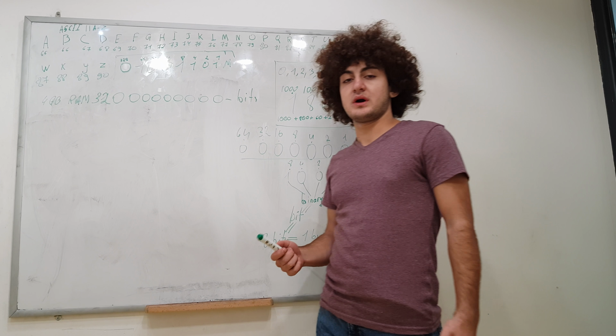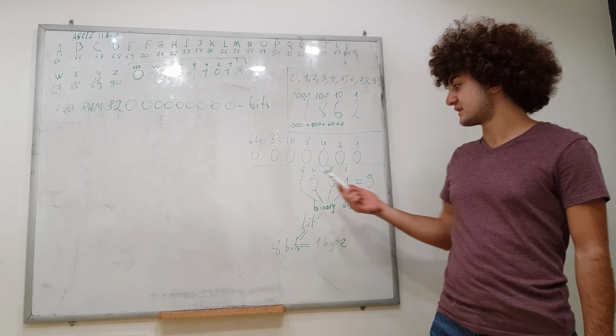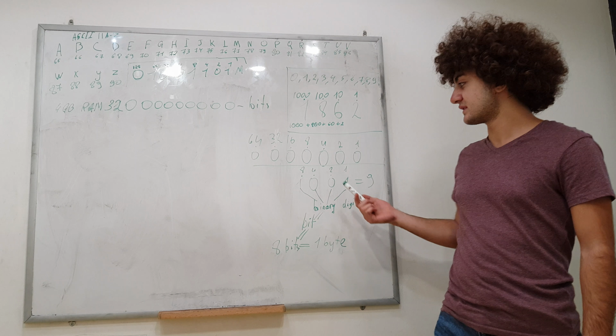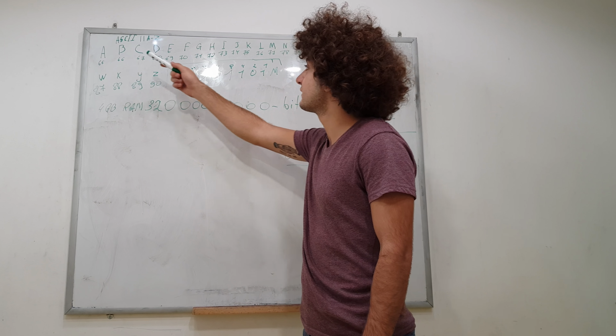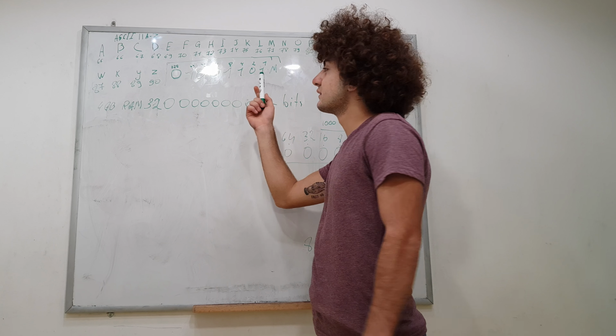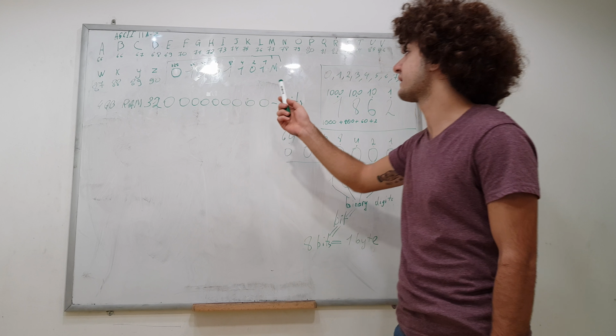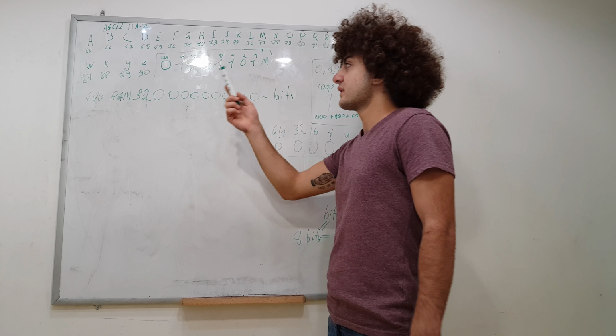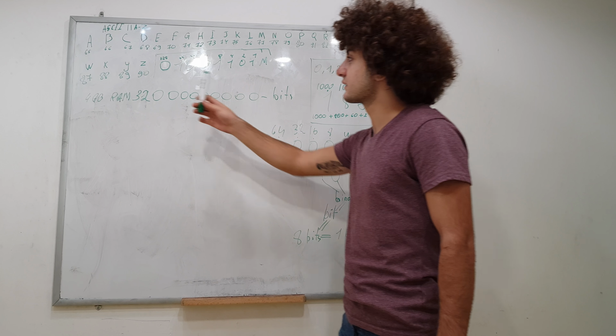So now we know how to represent numbers in the binary system, but we don't know how to represent letters and words. For this we have the ASCII scale, which is basically every letter in the alphabet has its own number. To write a letter in the binary system, we do it like this.